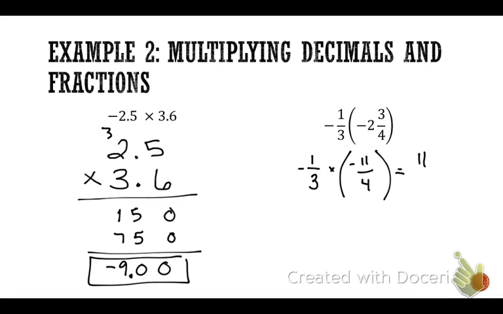Why? Because there's 2 negatives and 2 is even. Okay, so positive 11 over 12. All right. Now, if you look back at the original problem, you could also see that your answer is supposed to be positive. Okay. So either way should tell you the same information.